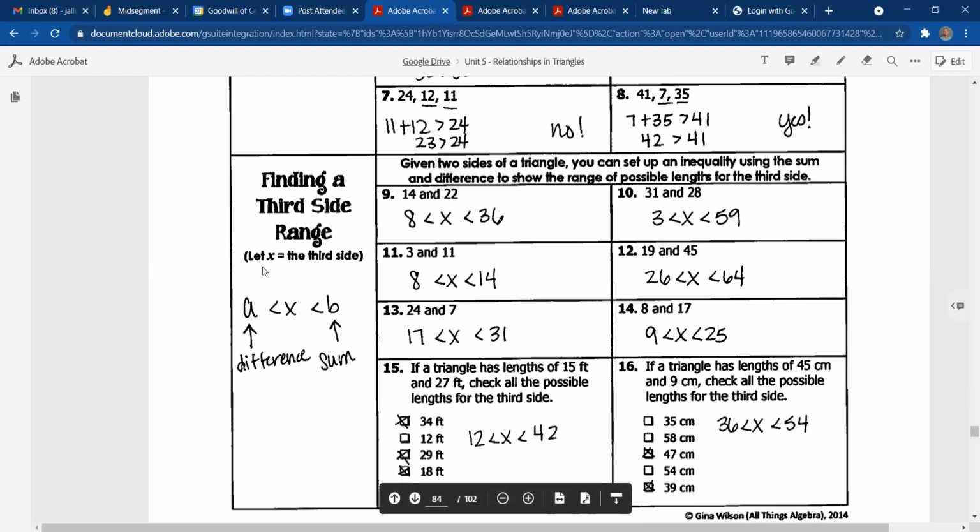And remember, with these inequalities, we start by reading from the variable: x is greater than 8. X is greater than a, which is the difference between the 2 sides, and x is going to be less than b, which is the sum of the 2 sides. That gives you that range. If you put this on a number line, you would be with open circles between 8 and 36.